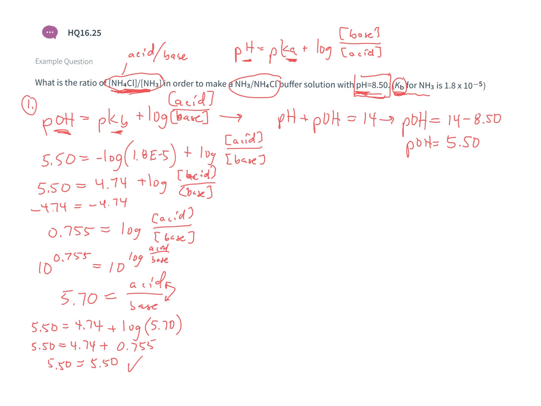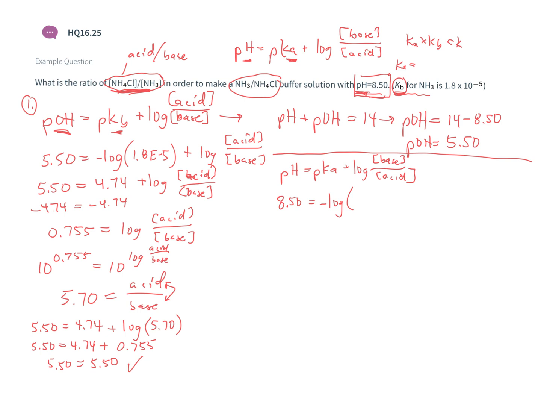The other way we could answer this calculation is using the traditional Henderson-Hasselbalch equation, where pH equals the pKa plus the log of the concentration of base over acid. We know pH is 8.50. pKa is the negative log of Ka, and I can find the Ka because I know Ka times Kb equals Kw, Kw being 1e to the negative 14.